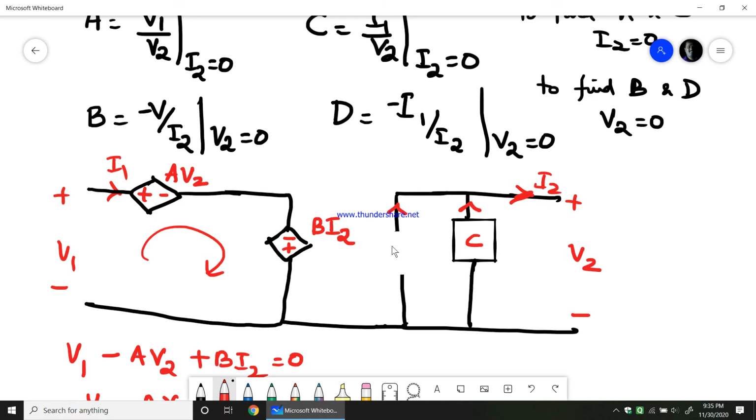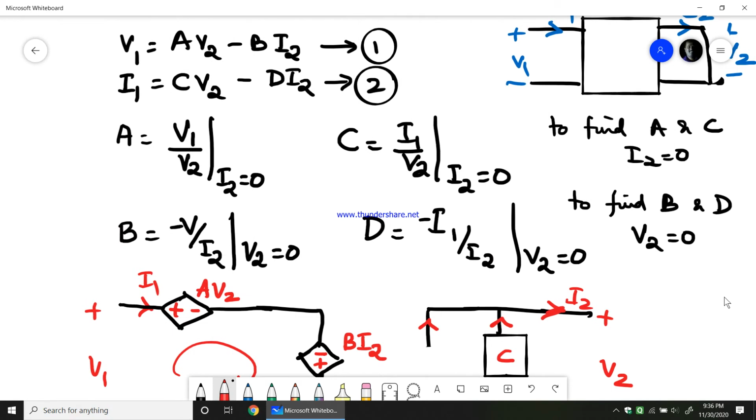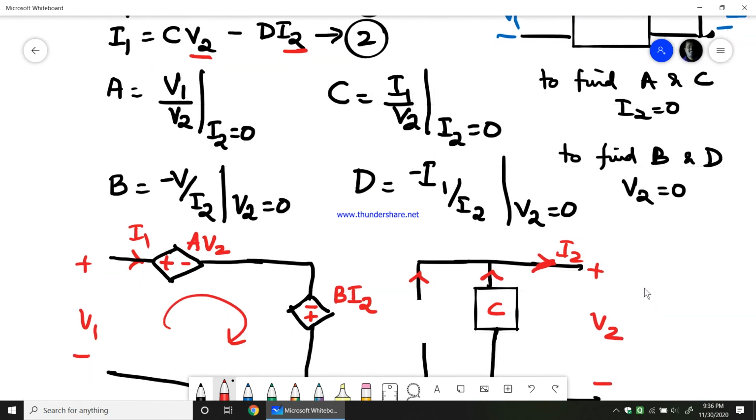There should be a C here, and then I think we need voltage. See, there is both V2 and I2, right? I have I1 here. So I think I need to have dependent sources here.